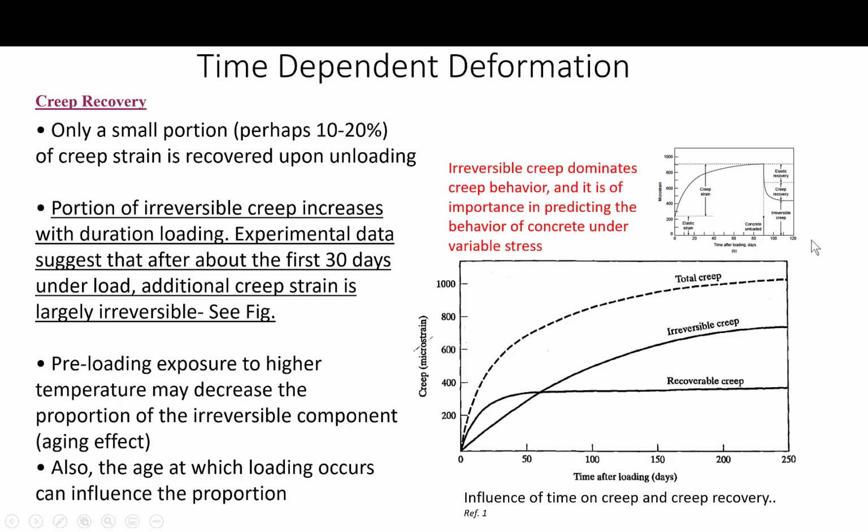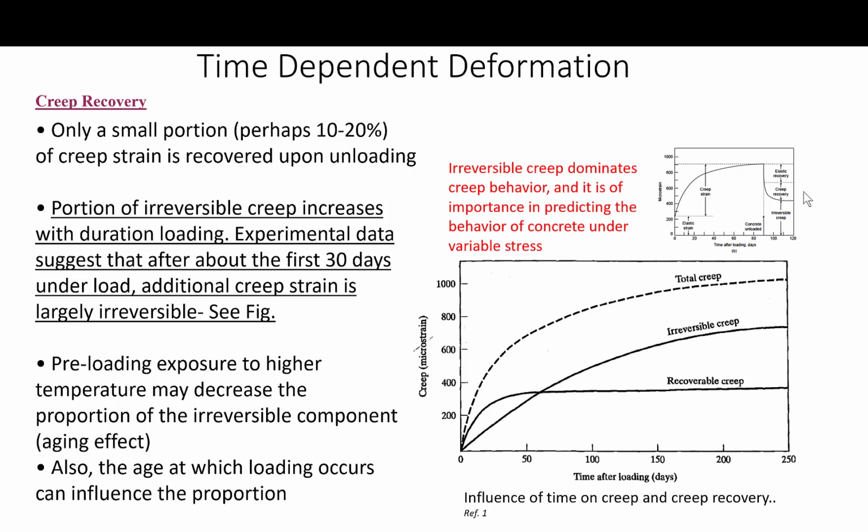This is the creep recovery I talked about earlier. Irreversible creep dominates creep behavior, and it is of importance in predicting the behavior of concrete under variable stress. Creep recovery is strongly affected by time, temperature, and relative humidity.